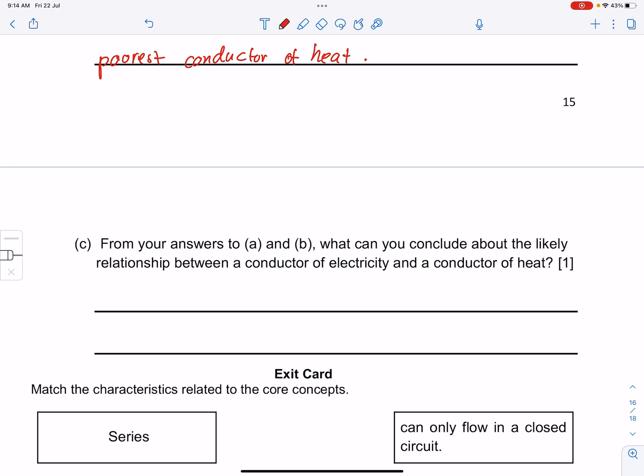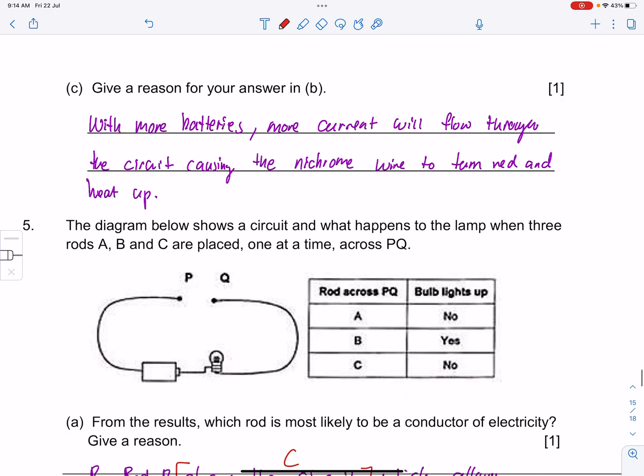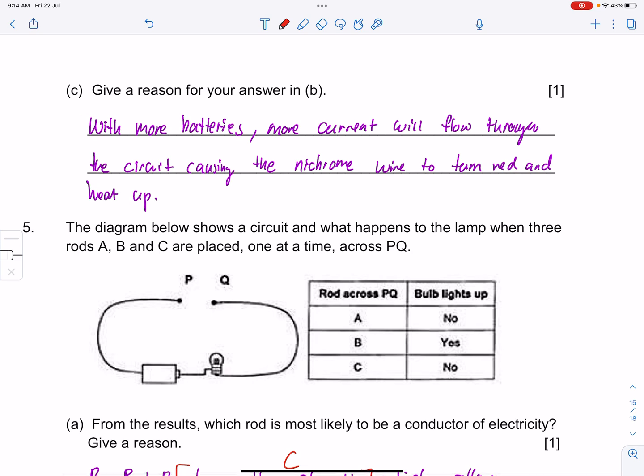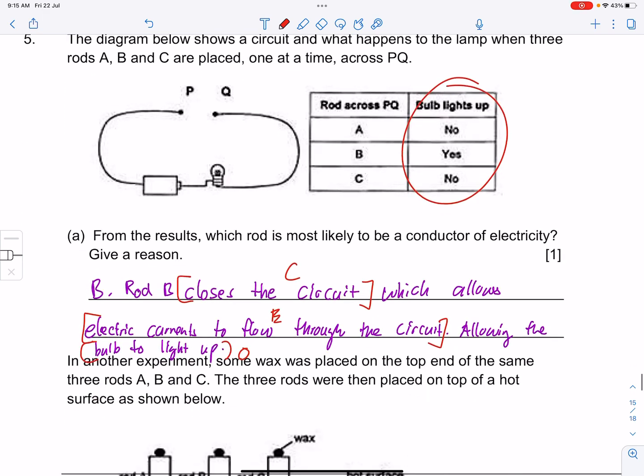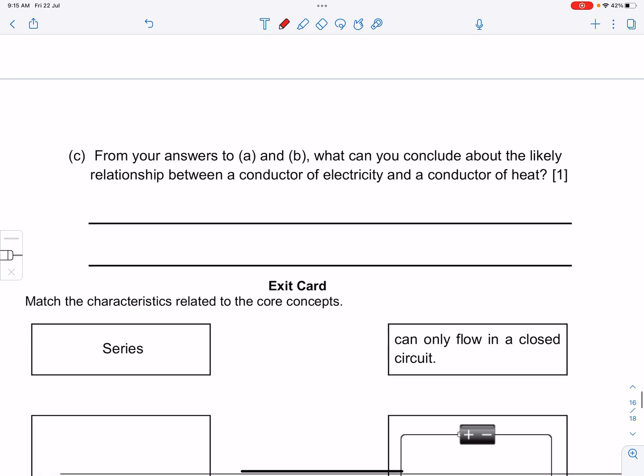Did this experiment over here measure how good of a conductor it is? No, right? It's either a yes or a no. It is not a rate. So because it is not a rate, you cannot assume that the better a conductor of electricity is, the better it is as a heat conductor. It doesn't work that way.